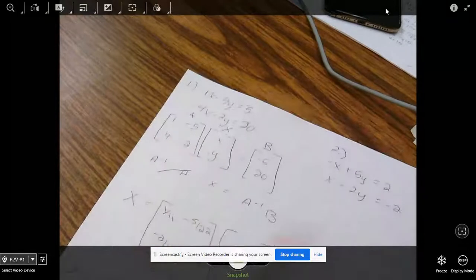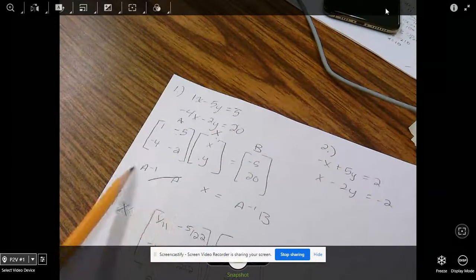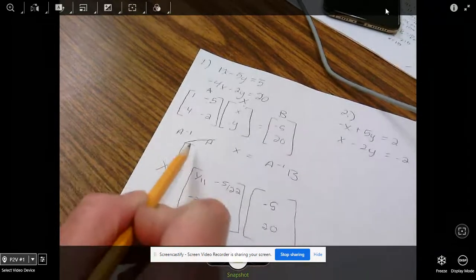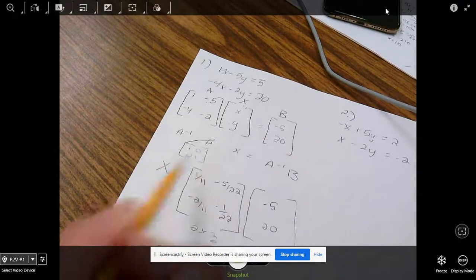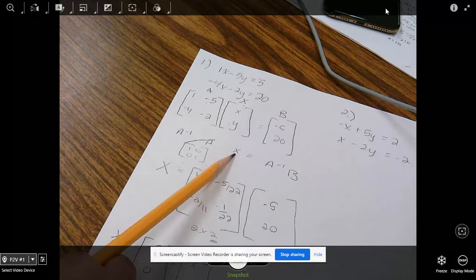When you multiply a matrix times its inverse, you're going to get the identity, 1, 0, 0, 1. Once you've received the identity, x is technically by itself.